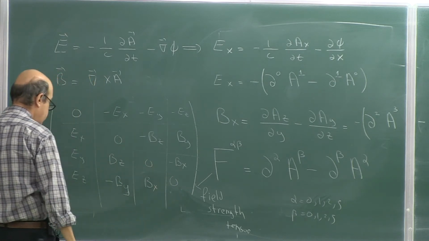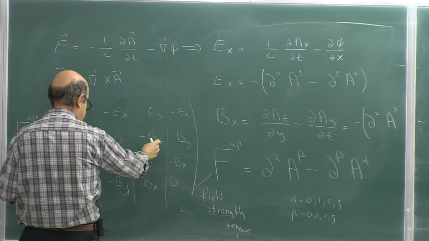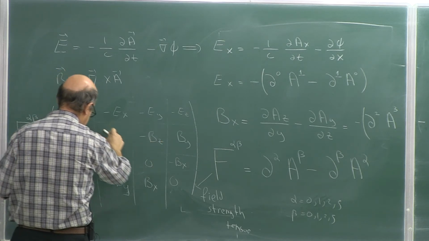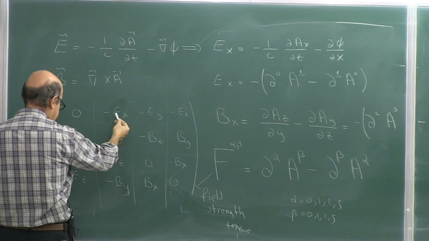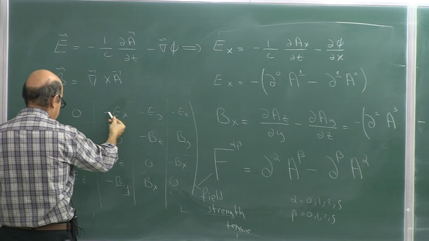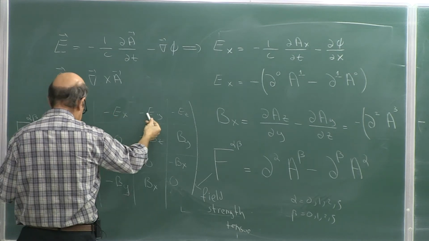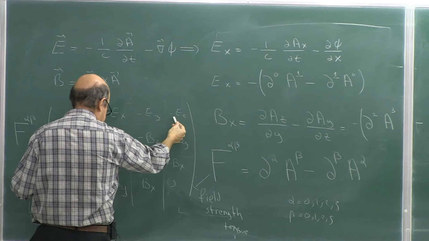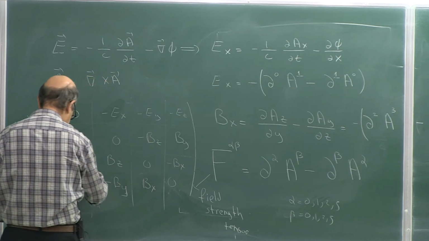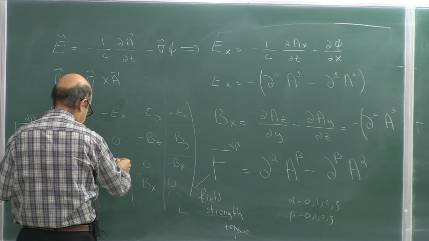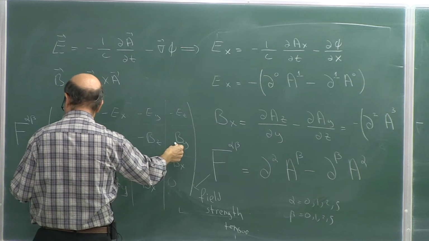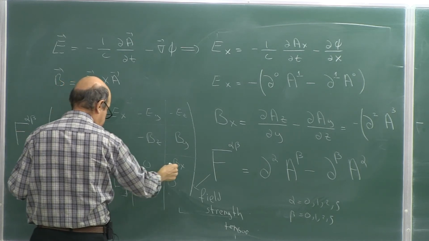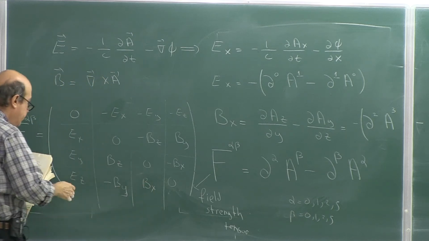All diagonals are 0. So minus BZ. So these are the diagonal terms. So if this is just a reflection, so minus E plus E, minus EY plus EY, minus EZ plus EZ, minus BZ plus BZ, plus BY minus BY, minus BX plus BX.